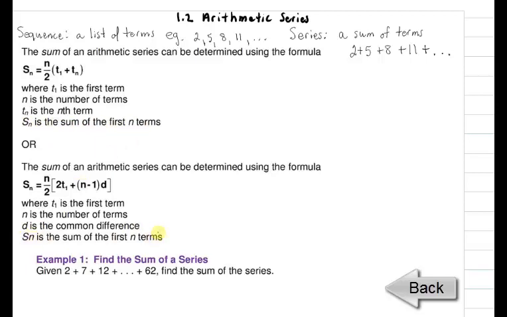Okay. Now, sometimes these formulas can be called partial sum formulas, because if you have an infinite series like this one here, you can't possibly calculate the sum of an infinite series, so you would be asked to find a partial sum. So for example, the sum of the first 10 terms or the sum of the first 20 terms. Okay, so you use the first formula when you know what t subscript n is.